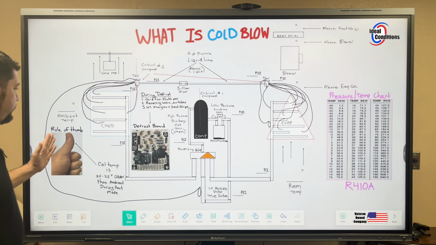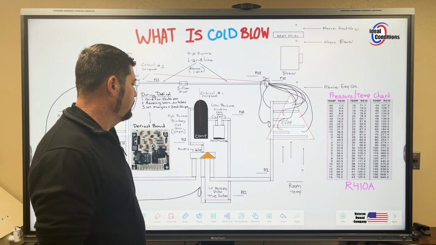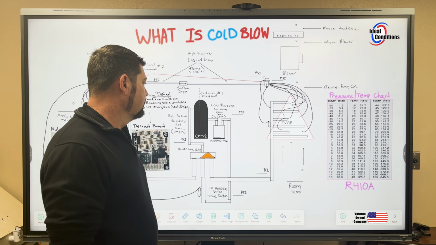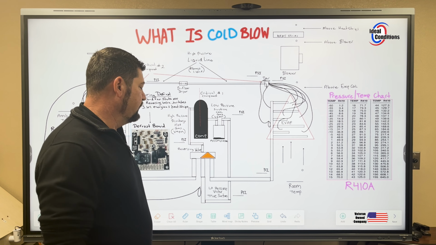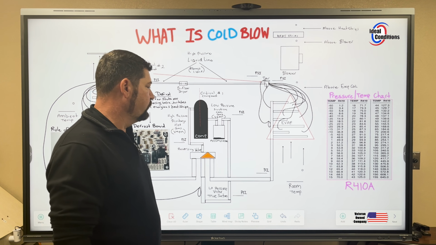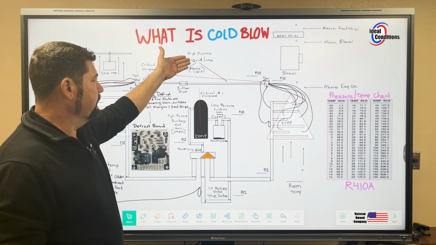And then, of course, we have identified where high pressure and low pressure are going to be at all times, whether it's in heat or cool. And what state the refrigerant should be in, whether it's vapor hot or vapor cool, or high pressure and then liquid.